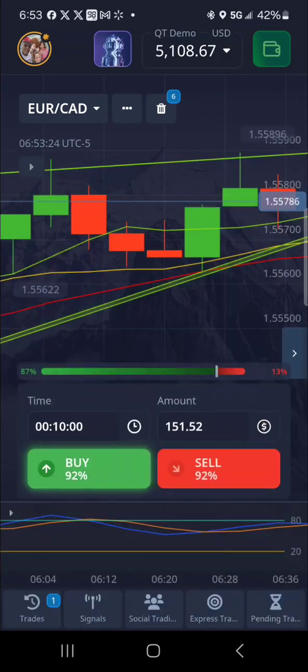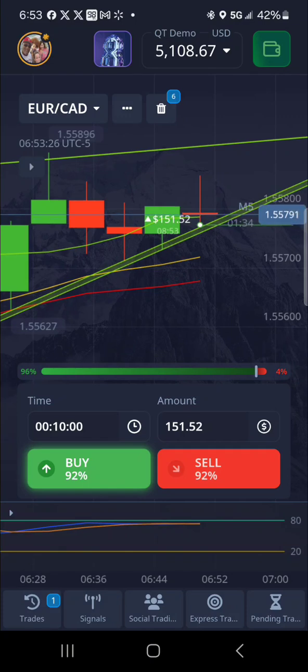Those are primary trades, and then there's something called secondary trades. Secondary trades are trades that you put in while your primary trade's already in. You don't put another primary trade in until your initial primary trade has already gone through.